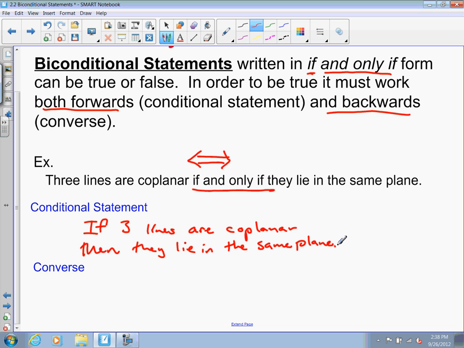The converse, remember, converse is when you flip the order. And so we'll say if 3 lines, okay, that's the they. You want to say they lie in the same plane. What's they? So we say if the 3 lines lie in the same plane, then they are coplanar.